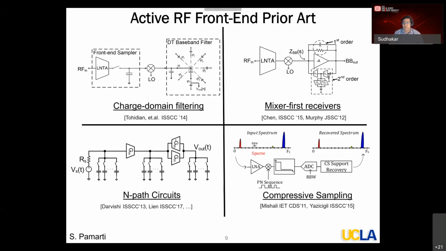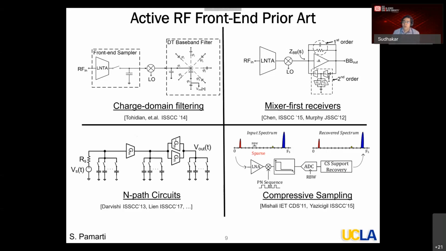Another approach is mixer-first receivers, where they present a frequency selective baseband impedance that gets up-converted and shows up at the RF frequencies. That way they can do even sharp first order or second order, or these days even third order filters at baseband.